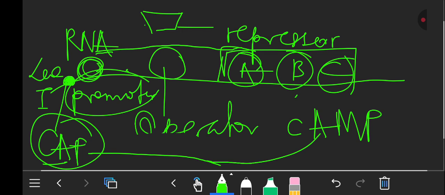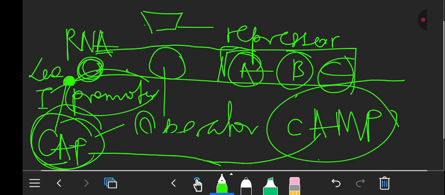Once they get bound, there will be an increase in the rate of transcription. So we need to understand that. So this CAP, it is only active when there is the presence of cAMP. It is the one which activates this CAP.